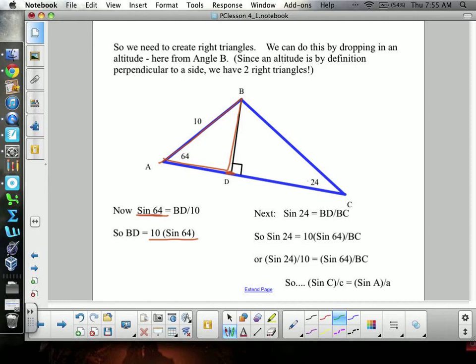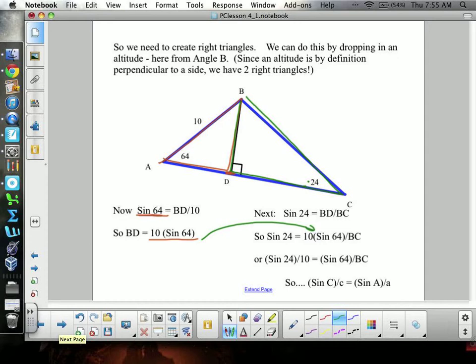Sine of 24 is BD in this triangle over here, BD over BC. So since BD is 10 sine 64, sine of 24 is 10 sine 64 over BC.